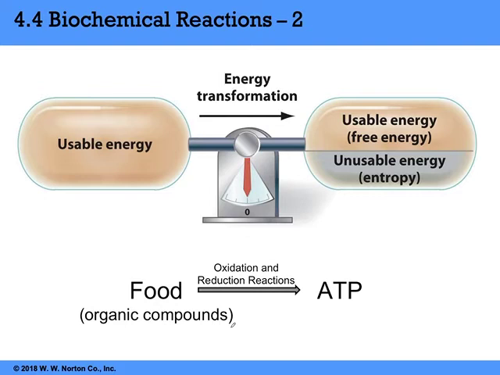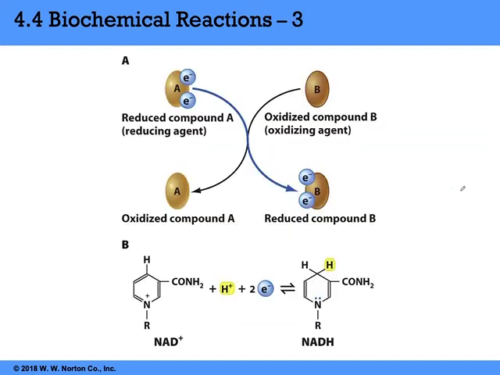Well, the same deal is going on in the cell, right? We need to steal usable energy from the fuel we take in, and then we need to turn it into usable energy that is available to do work in the form of ATP, and then we're going to give off some as heat, okay?